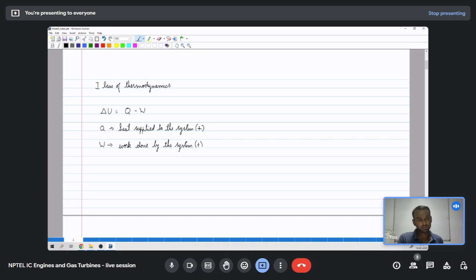So when the system does work on the surroundings, it is positive, and when the surroundings do some work on the system, then it becomes negative. And the difference between the heat transfer and work transfer in any process will be the change in internal energy of the system.